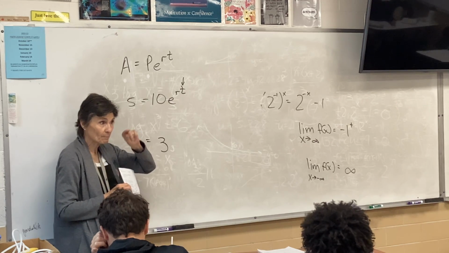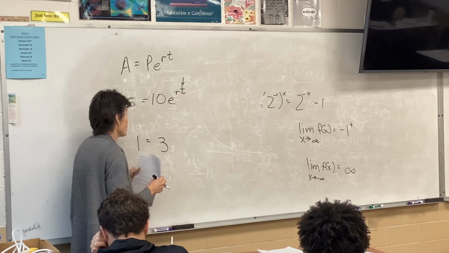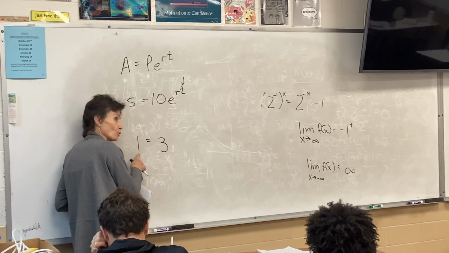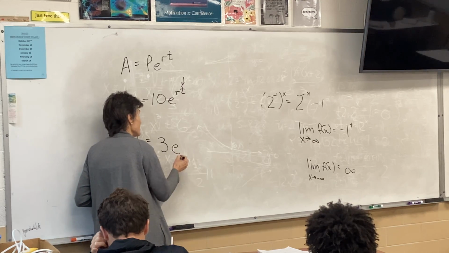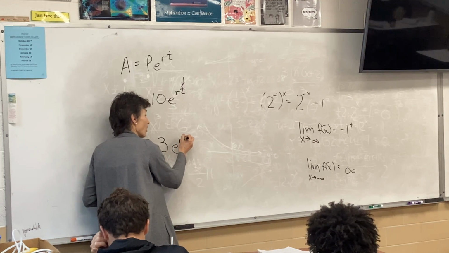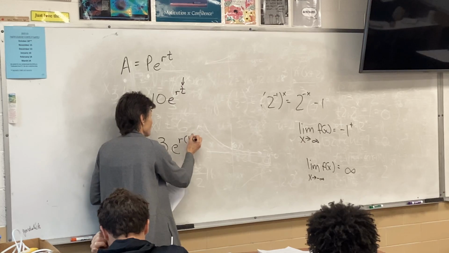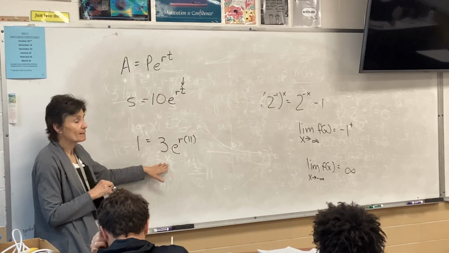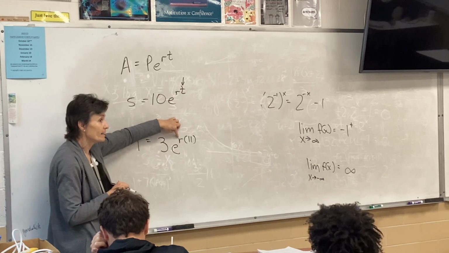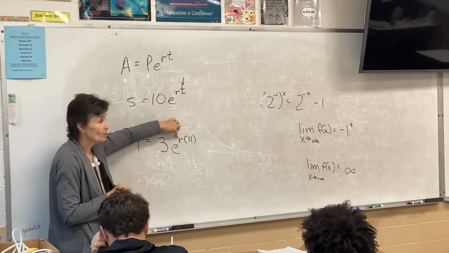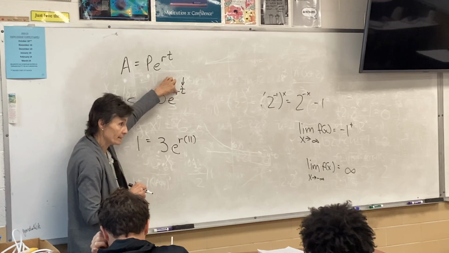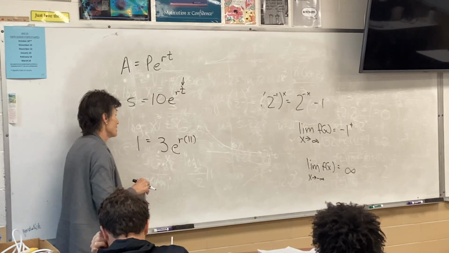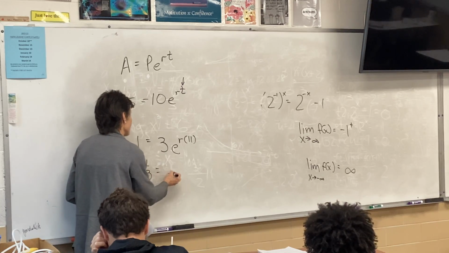Are you following? Now read those words carefully. So if I start with 3, or start with whatever you want, but you end up with 1/3 of it, e to the R11. Now, that is not gonna give me the half-life, but it's gonna give me R, which then I can plug in here and find my half-life. So, divide by 3.